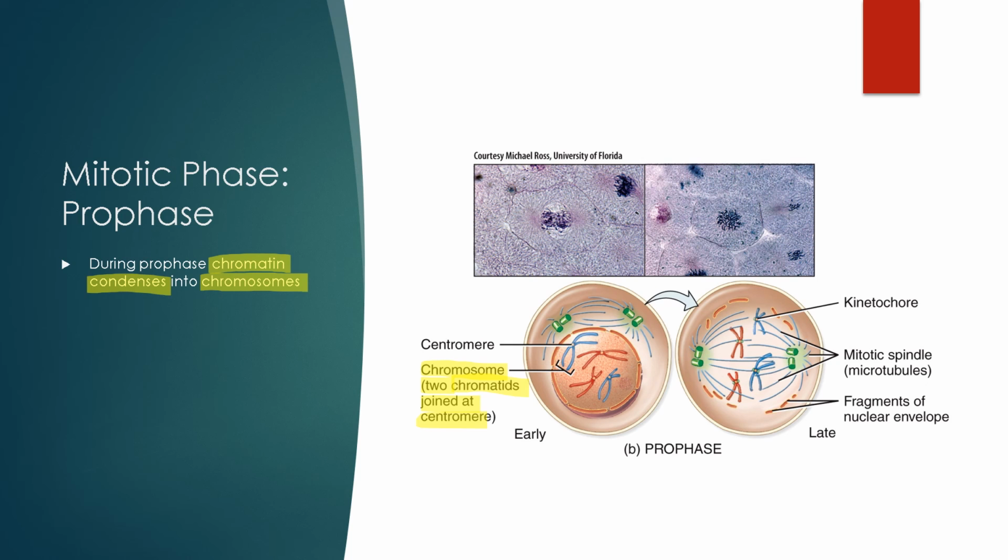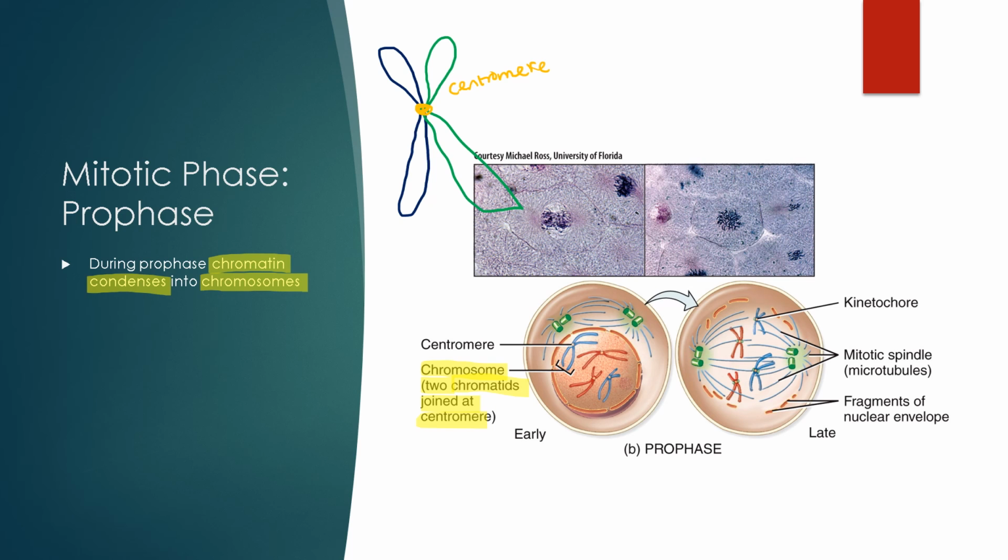So here, I'll just draw a little picture for you. We have one chromatid here. I'll draw in a different color, but these chromatids are going to be identical to each other, kind of. And in the center here, this is where we have the centromere, this constricted region holding those chromatids together.